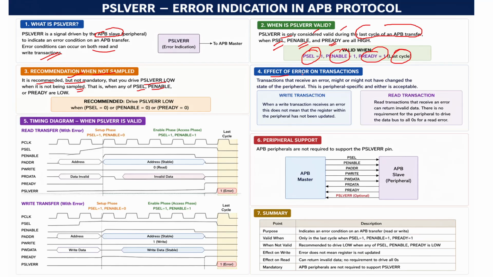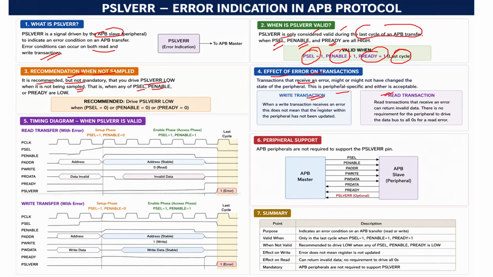And then the effect of error on a transaction. When the transaction receives an error, the state of the peripheral might or might not be changed. That specifies what state we are accepting. You are doing a write transaction or a read transaction.